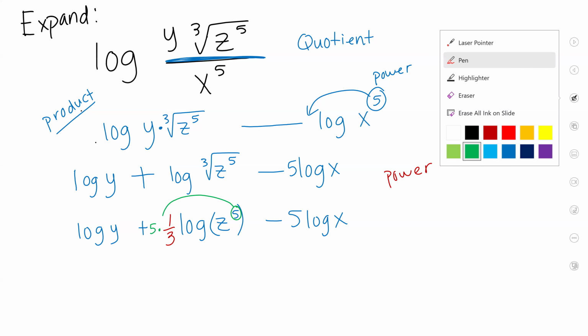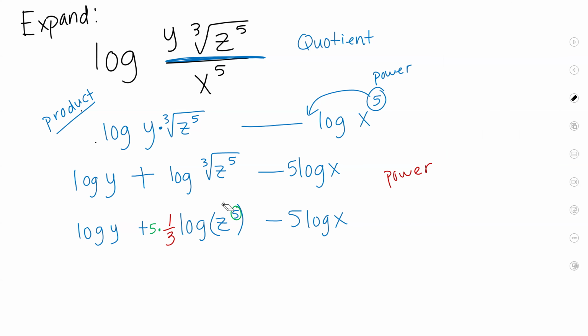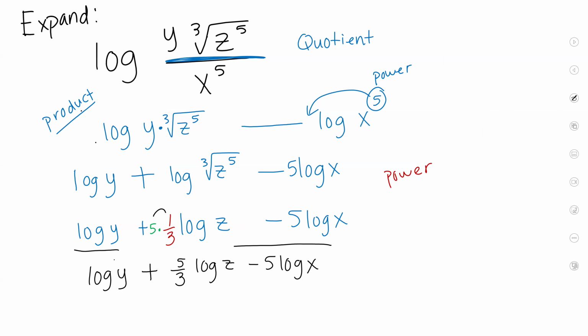Okay, great. So I brought the 5 to the front. All right, so let's see what I have. I have log y plus 5 times 1/3 is just 5/3 log z minus 5 log x. That's my final answer.